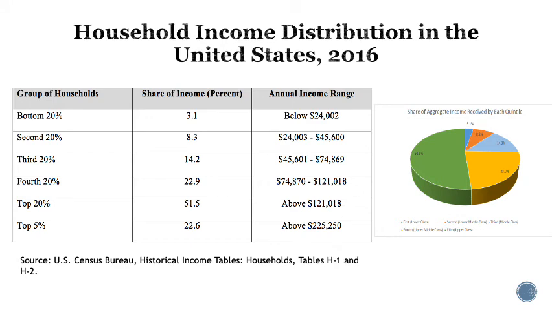If we look at the top 20%, they have an income of around 121,000 or more, and they receive an income share of 51.5%. That essentially means more than half of all the income received in the United States goes to the top 20% of households, and the top 5% of households receive nearly as much income as the bottom 60% together, right?